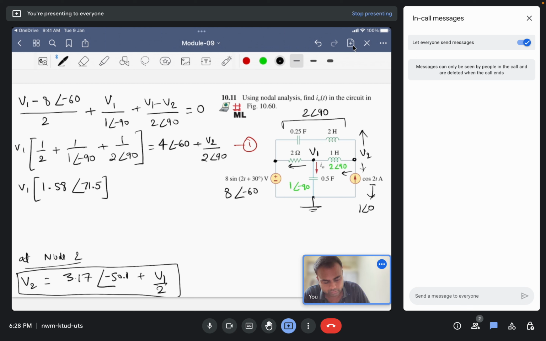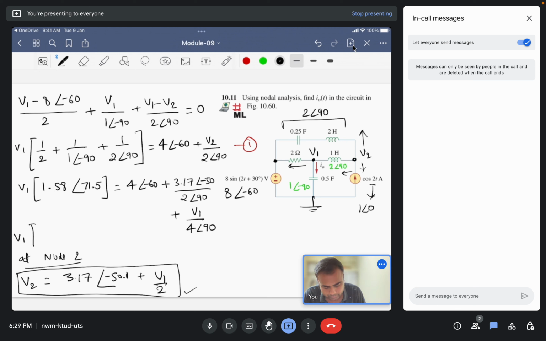V1 is equal to 4 angle minus 60 plus V2. So for V2 you have to substitute V2 from here. So the first term is 3.17 angle minus 50 divided by twice angle 90, and the second term is V1 by 4 angle 90. So again you have to simplify for V1.